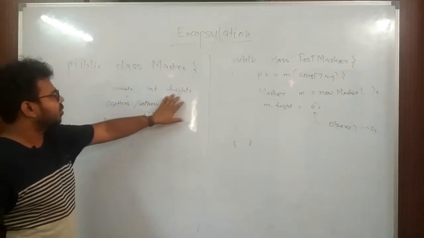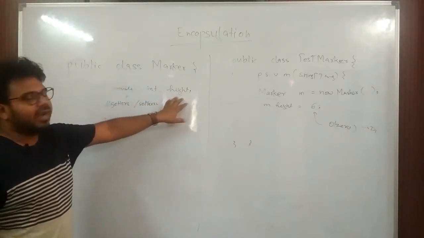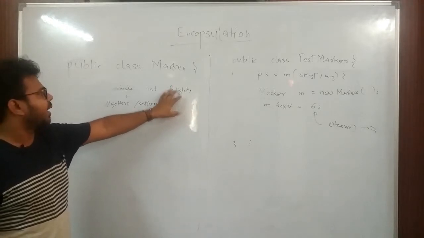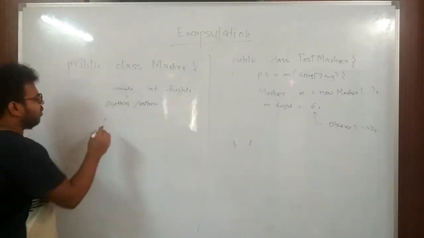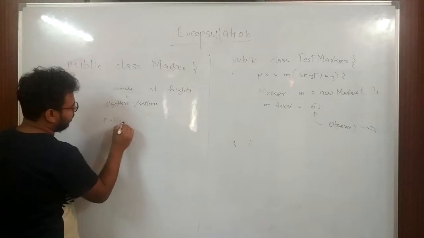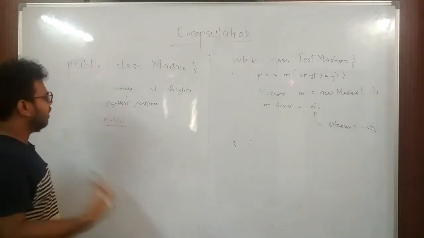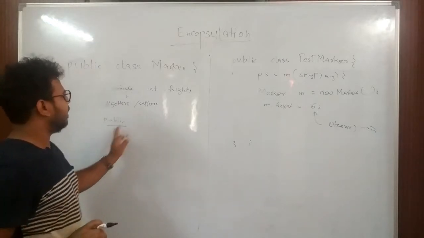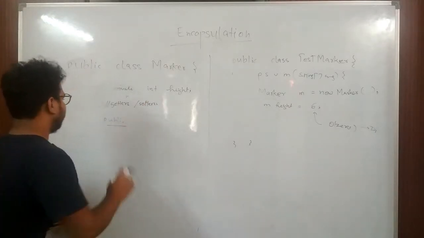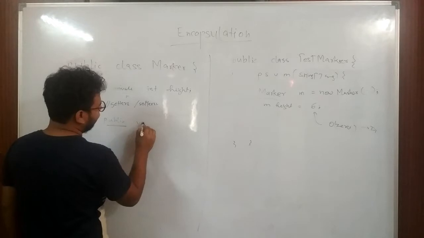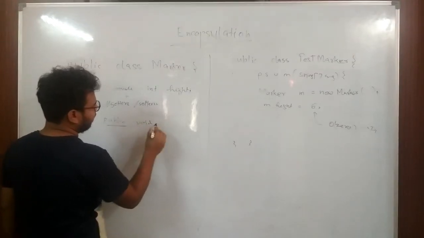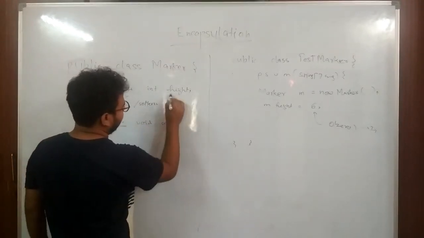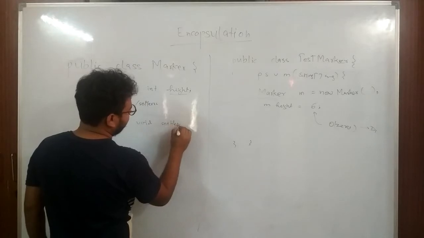So to access and modify the height of the marker, we have to make a method which will be public, so that it can get the height and set the height. So public void, meaning it will not return anything, setHeight. The H is capital in this case.